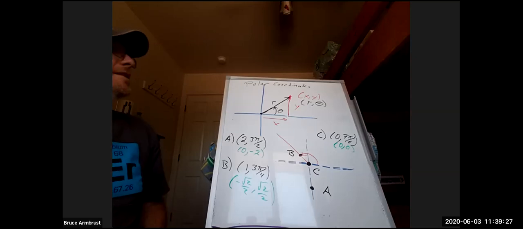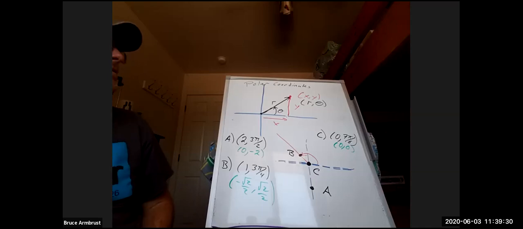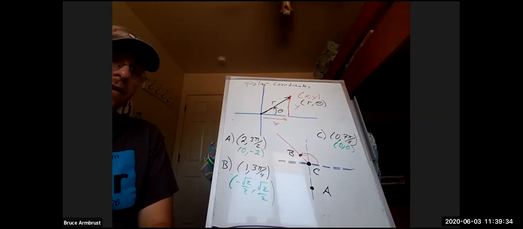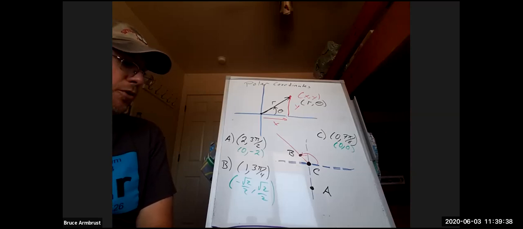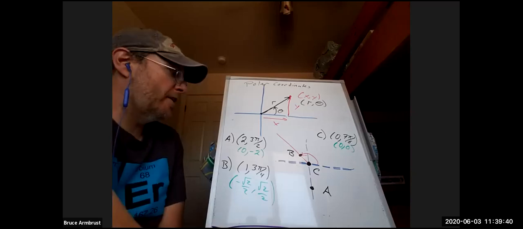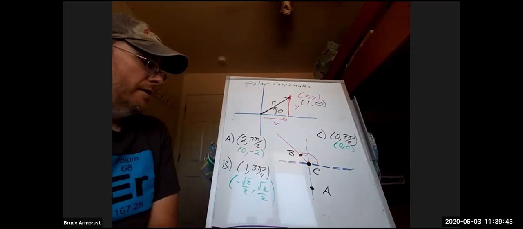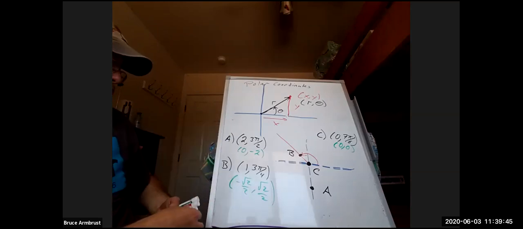All right, so here's something that's a little bit quirky about polar coordinates: there's not a unique way to describe a location. There's more than one way to describe any location. So let me just go ahead and write that down here.